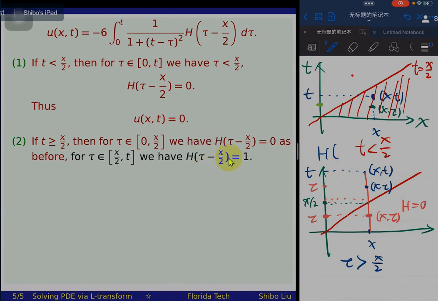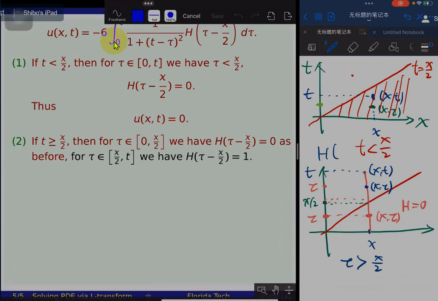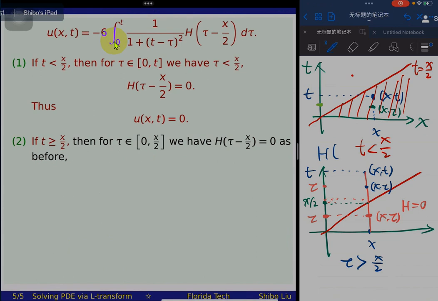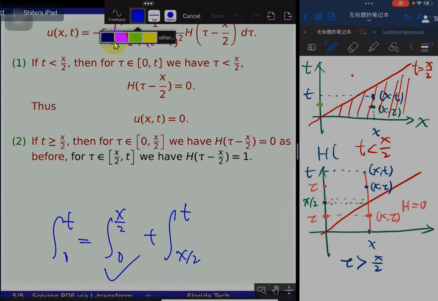capital H at tau minus half of x is 1. Okay, so we know that our integral is from 0 to t, but the integral from 0 to t can be written as the sum of two terms, 0 to half of x plus half of x to t. When tau lies in 0 to half of x, the integral is 0 because H is 0 here.